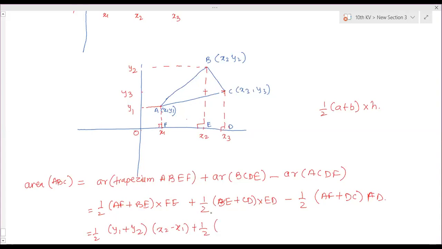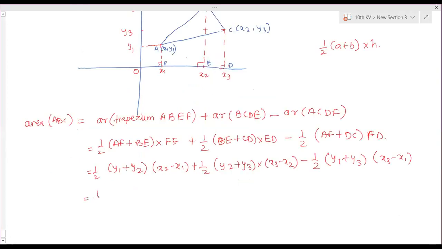Plus half into BE is Y2, CD is Y3, into DE, which is X3 minus X2, minus half into AF is Y1 plus DC is Y3, into FD, X3 minus X1. Clear?